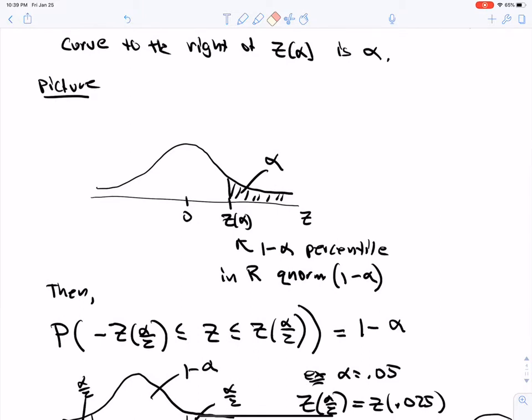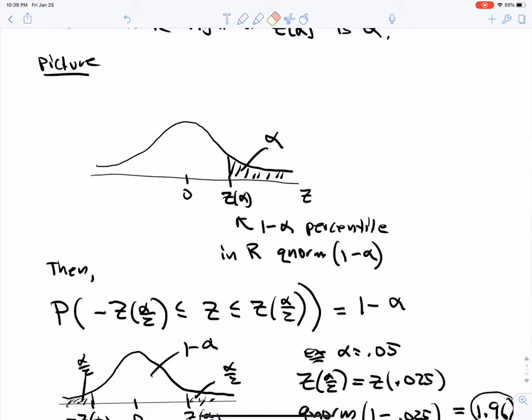You can find z alpha using the qnorm function in R, since z alpha is the 1 minus alpha percentile, meaning only alpha percent of your data is larger than z alpha.